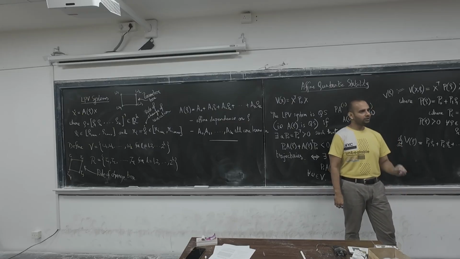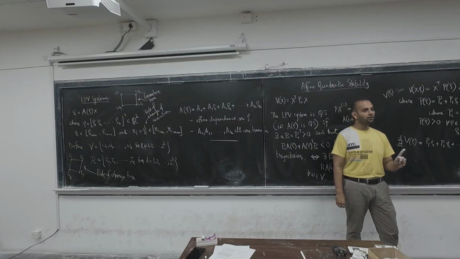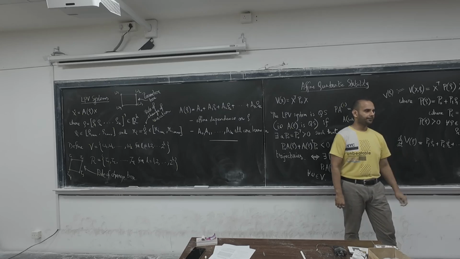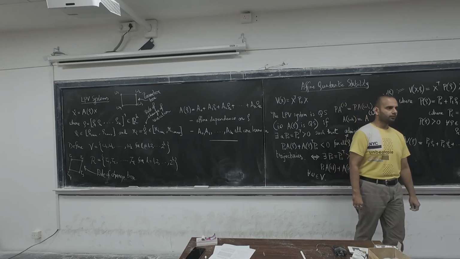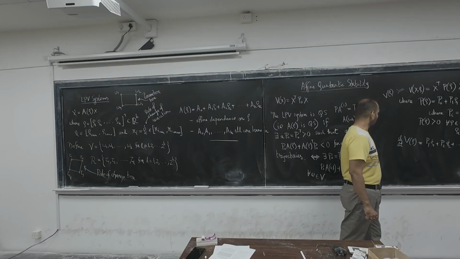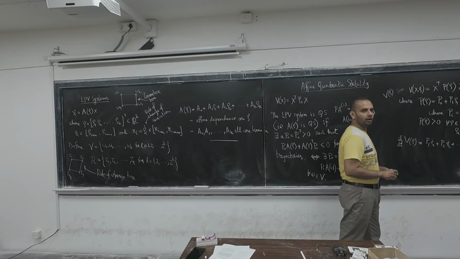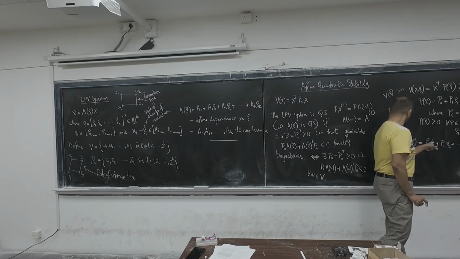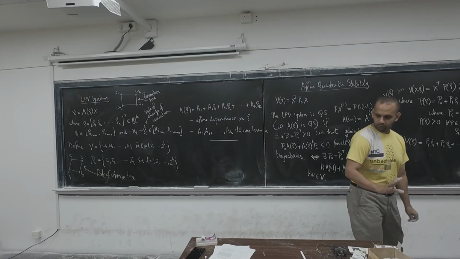But all the components from P0, P1 up to Pk are constant, no variation. And on top of that, they are all symmetric. So x transpose P x. This is the only part I wanted to say, if this is d/dt.